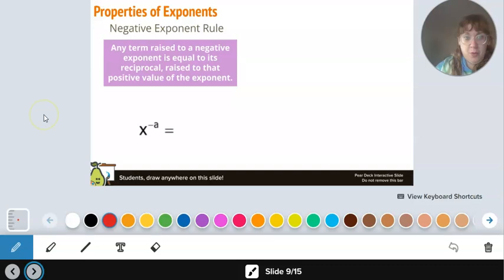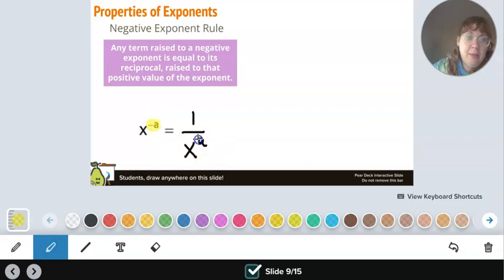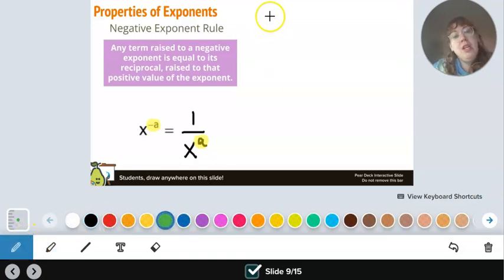The negative exponent rule. This one is any term raised to a negative exponent is equal to its reciprocal raised to that positive value of the exponent. So when we have a negative exponent, we do the reciprocal and we make the exponent positive. So this negative a becomes a positive a, and it also moves into the denominator. So if we have 3 to the negative 2 power, this becomes 1 over 3 squared.